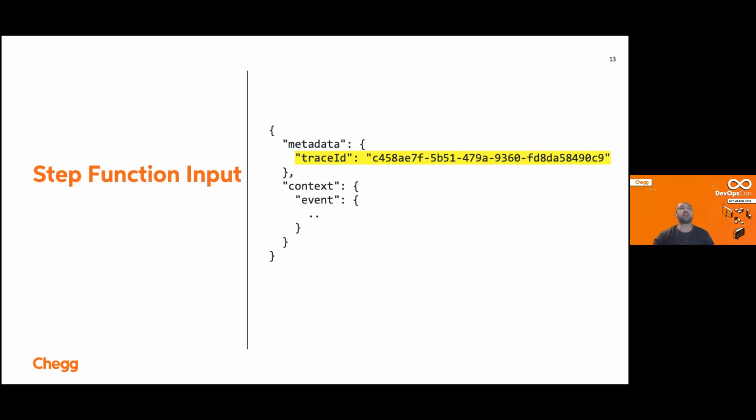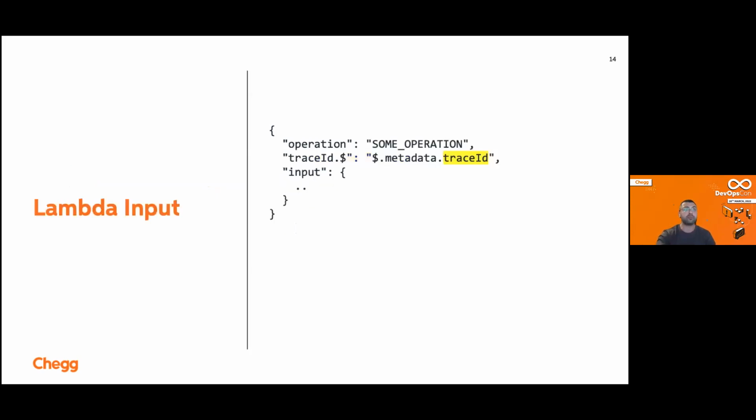So in every step function execution, we are adding a trace ID to the payload, which in some cases is generated by the gateway, or it will be received in the event itself. And every Lambda execution will get that trace ID, and in the infra of the Lambda, the logger itself will print every log statement with the trace ID.